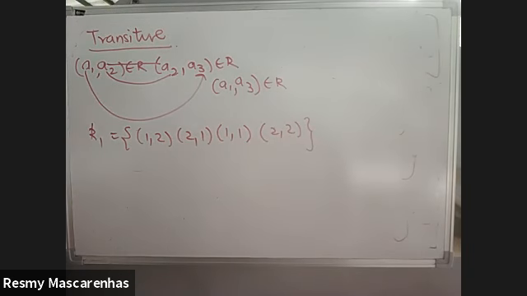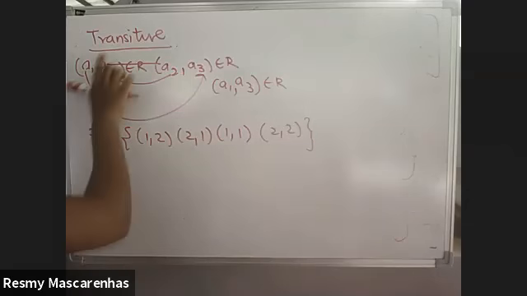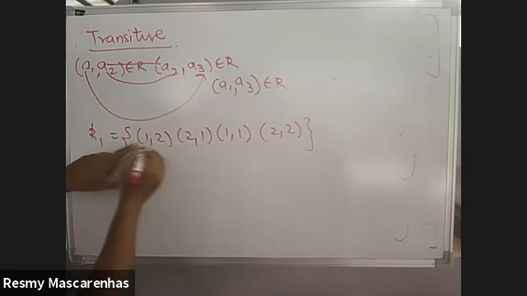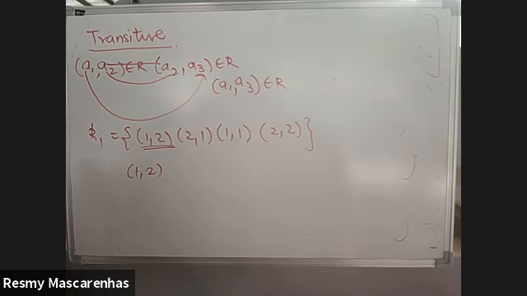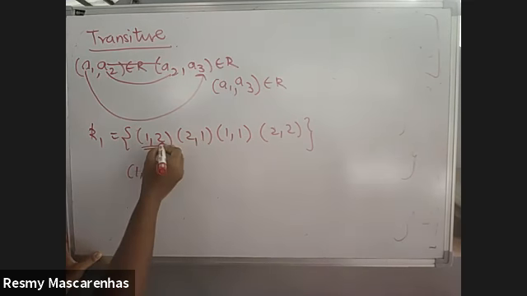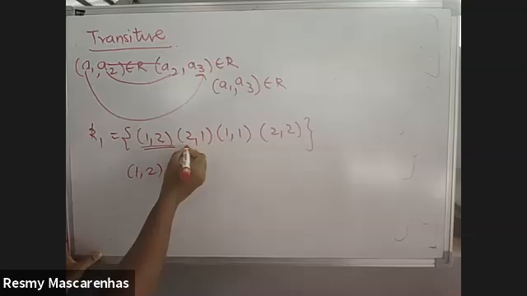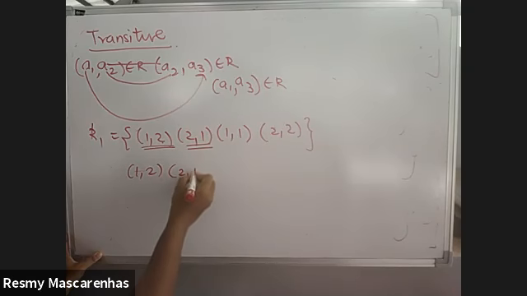Okay, so how to check is, take the first pair. I'm checking for transitive, not the symmetry condition. Anyways, I give you the example. Now transitive. So take the first pair, 1 comma 2. Now locate all the pairs which have the second number continuing, is there any other 2? Yes. So take this.